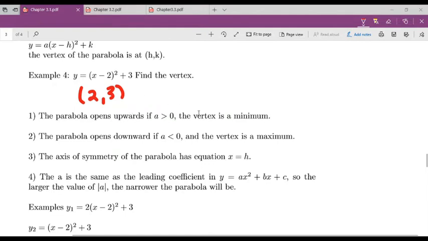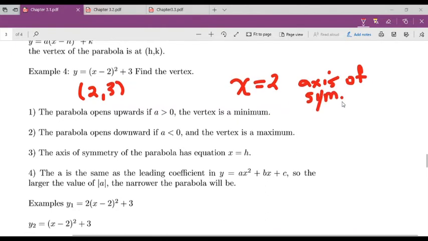So your axis of symmetry for this one would be x equals 2. Okay, that would be your axis of symmetry. I'm just going to abbreviate symmetry with SYM.